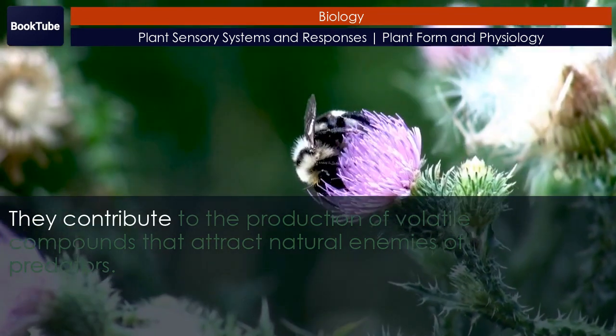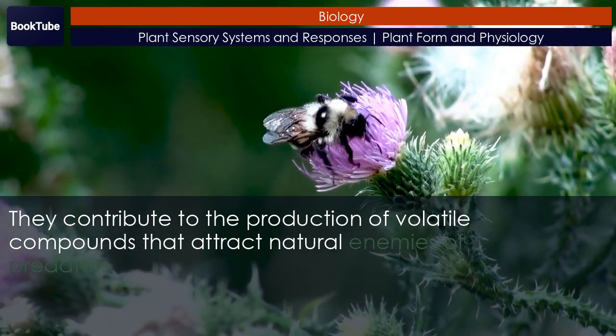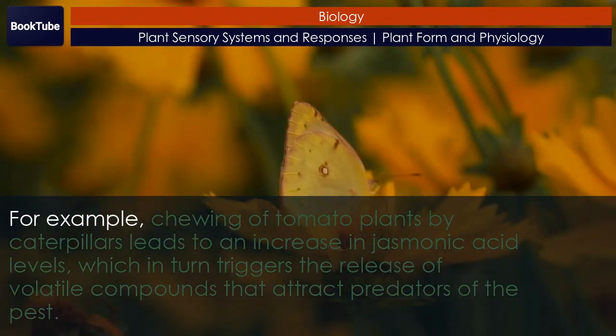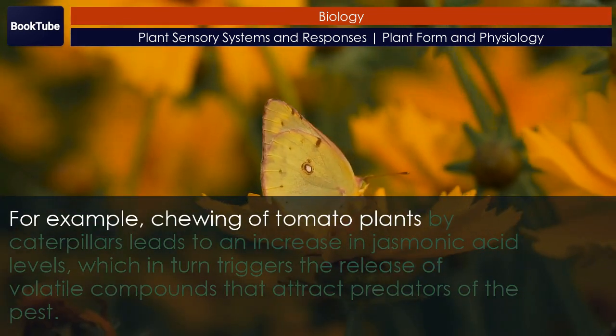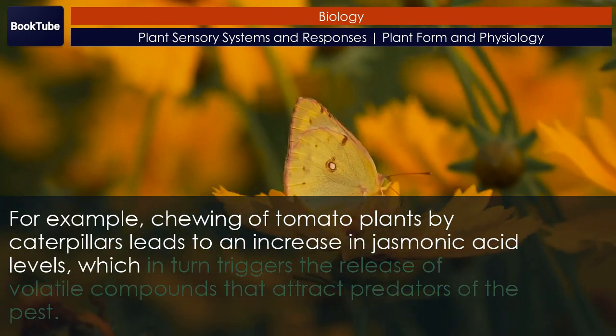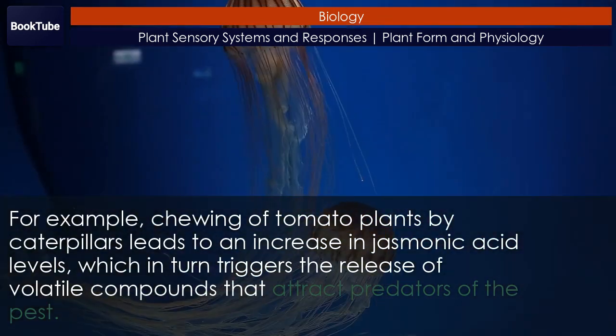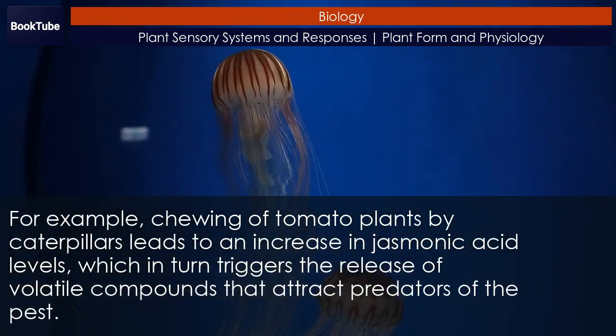They contribute to the production of volatile compounds that attract natural enemies of predators. For example, chewing of tomato plants by caterpillars leads to an increase in jasmonic acid levels, which in turn triggers the release of volatile compounds that attract predators of the pest.